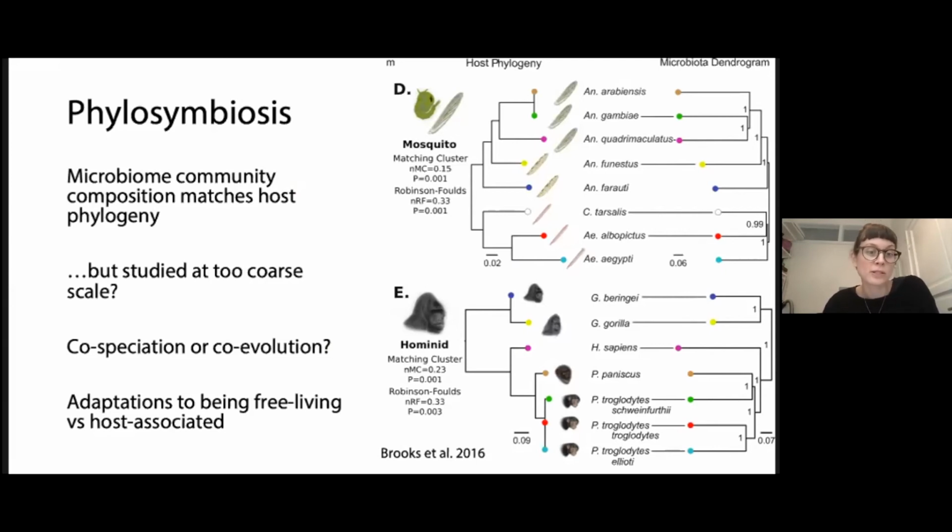Then there's also a question of whether host and microbes are actually co-evolved or just co-speciated. That is, whether there are adaptations in the genomes of both based on the relationship, or whether they have just followed each other. And then there's especially the question of microbes that are not only host associated, but also found in the environment.